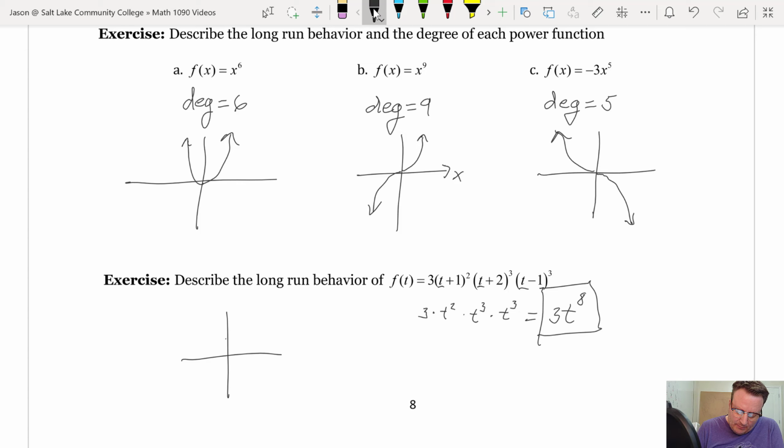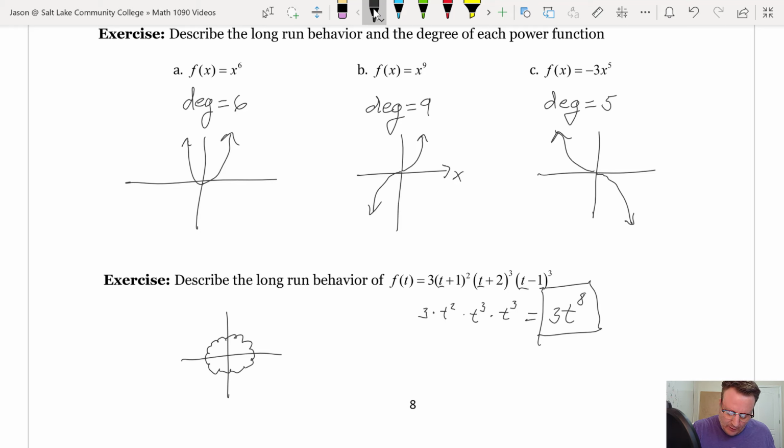And here's the thing, I'm going to write a little cloud, because this polynomial can do all sorts of funky things near the origin in the short run, right? In the short run, for small values of t, this function could do lots of gyrations, so to speak, or changes in direction and such.